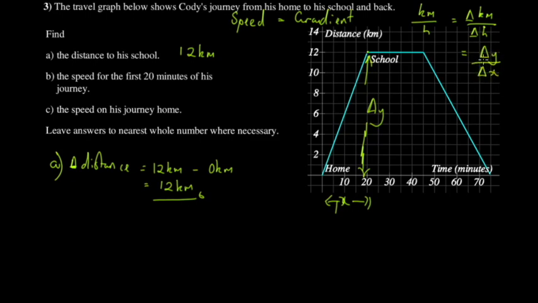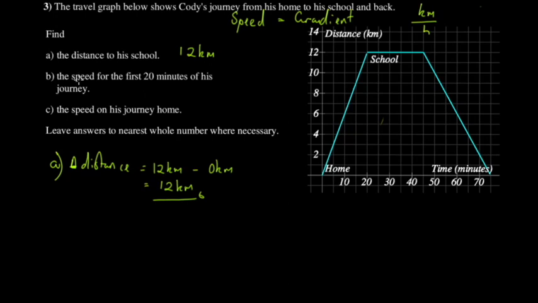This is simply the gradient. Whenever you're asked to find the speed for a distance time graph, the speed is the gradient. Kilometers per hour simply means distance over time, which is the gradient for the distance time graph.